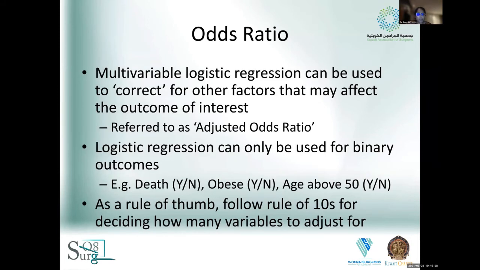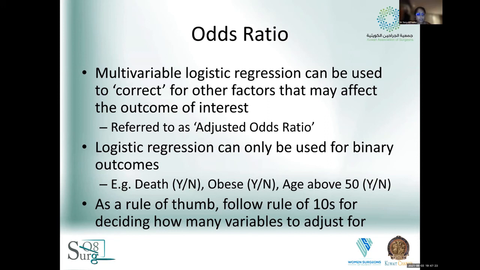So to correct for these other factors, you need to do something called multivariable logistic regression. You either have a statistical background or you ask a statistician to do this. And the purpose of this is to correct for other factors that can affect your outcome of interest. And in research papers, this is referred to as the adjusted odds ratio.